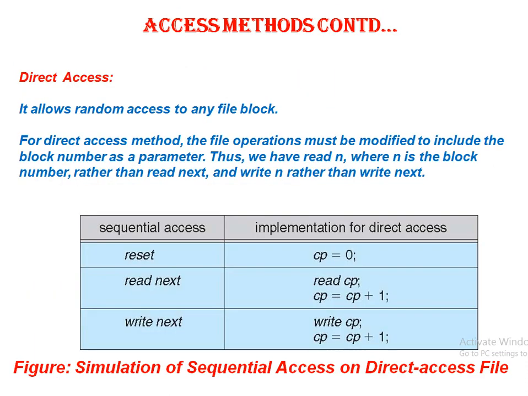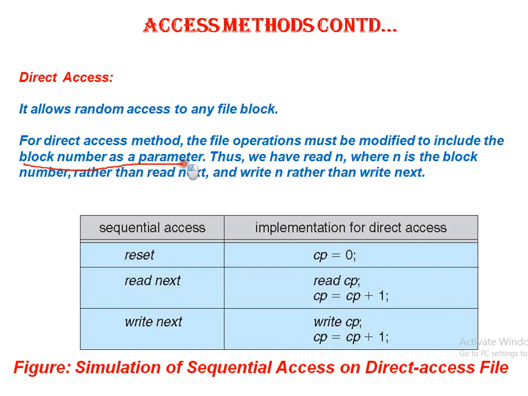Next, the direct access method. It allows random access to any file block. Here we always use the term blocks. For the direct access method, the file operations must be modified to include the block number as a parameter.